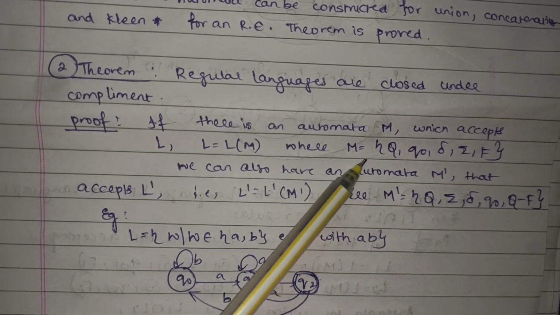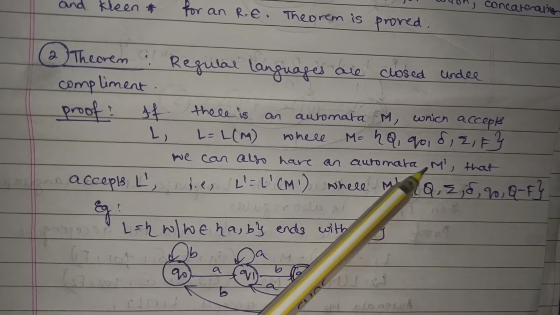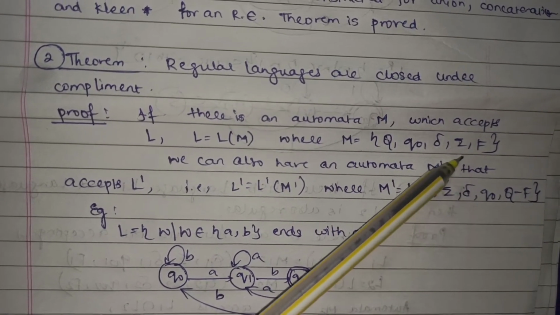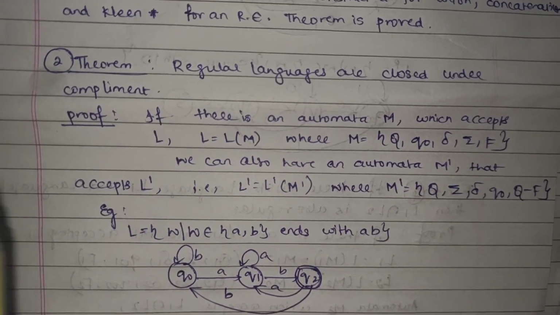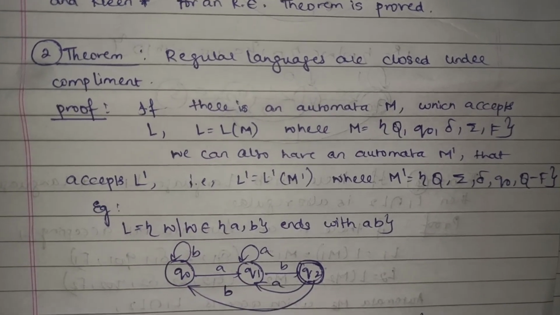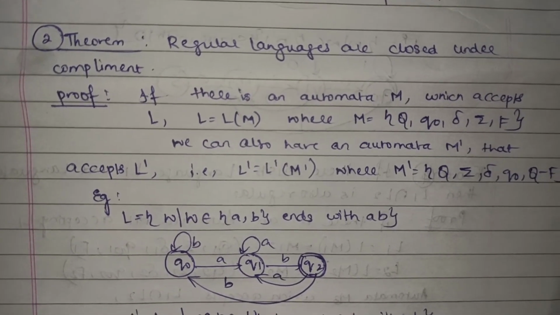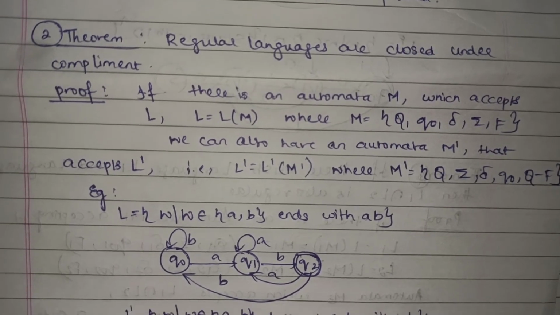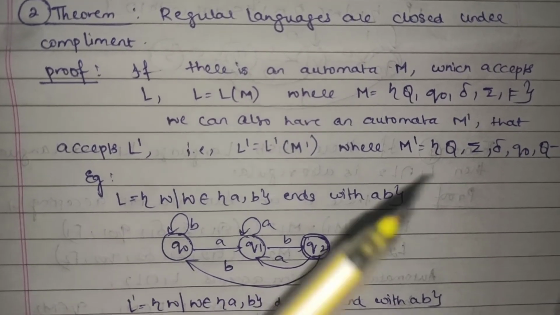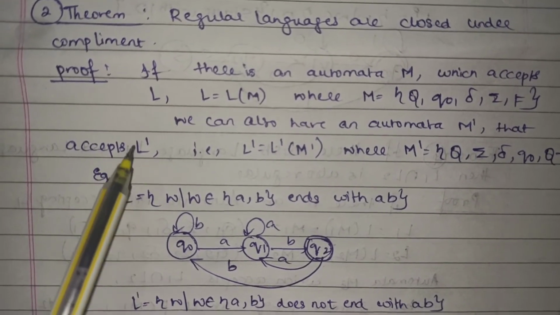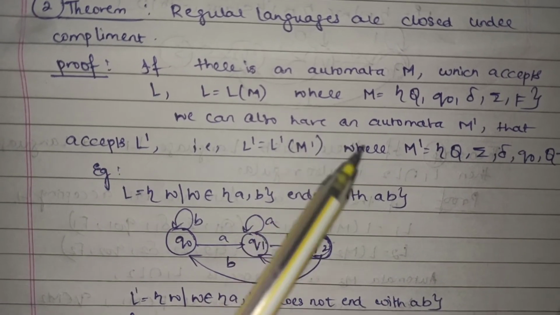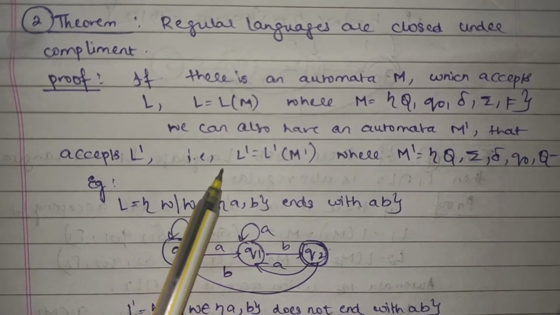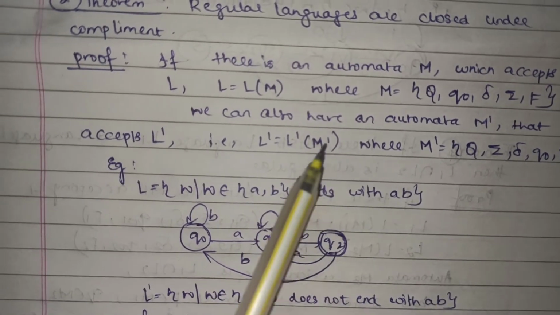The automata can be defined as M equal to Q, Q naught, delta, sigma, and F. Also we can construct another automata, M2, which accepts a language L2, or here it is L dash and M dash. So it could be a language L dash that is accepted by an automata M dash, usually represented as L dash is equal to L of M dash.